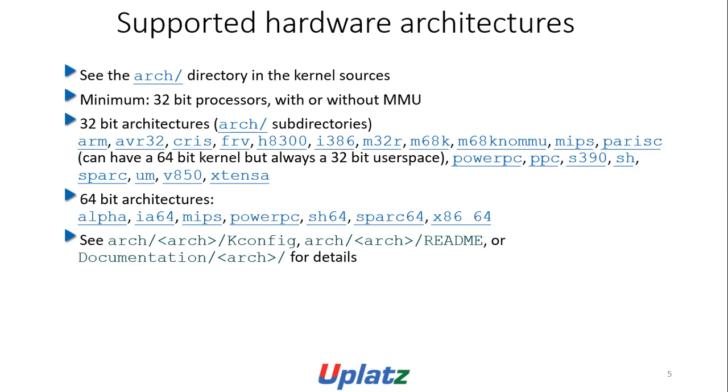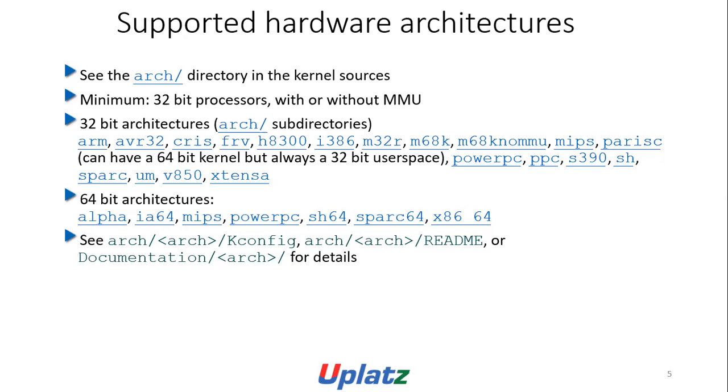See the arch supported hardware architectures. See the arch directory in the kernel sources. Minimum 32-bit processor, with or without MMU. 32-bit architectures: arm, avr32, frv, h8300, i386, m32r, m68k, m68knommu, mips.